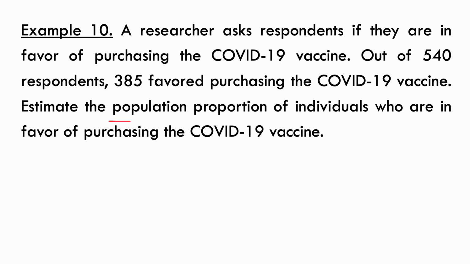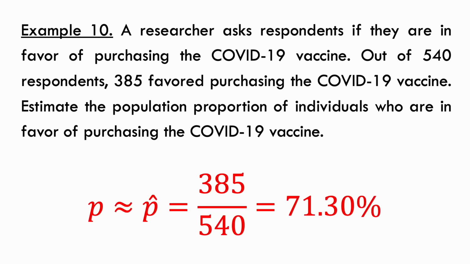So since population proportion yung pinapa-estimate, we will use the sample proportion. And we found out that the population proportion is estimated as 385 over 540 or 71.30% are in favor of purchasing the COVID-19 vaccine.